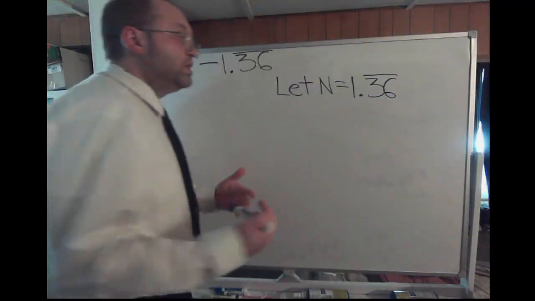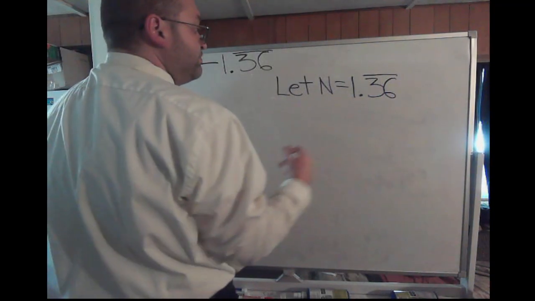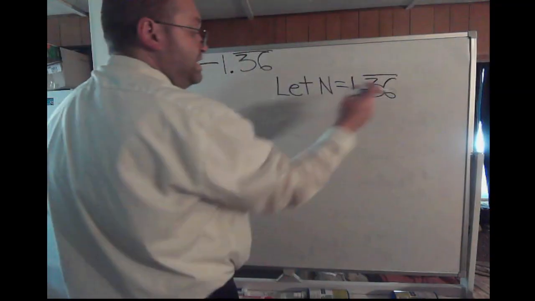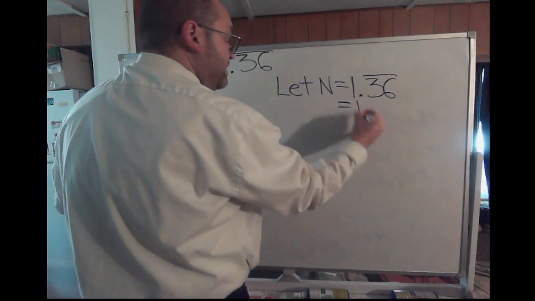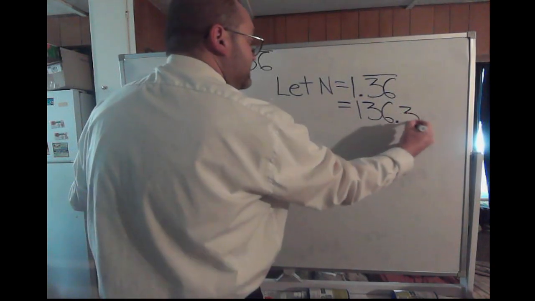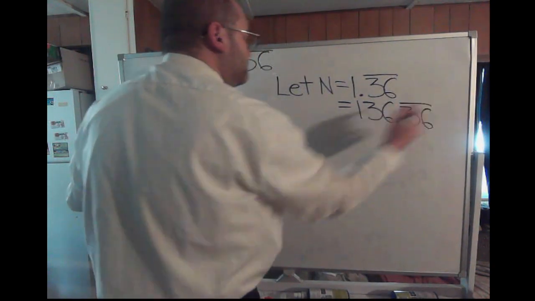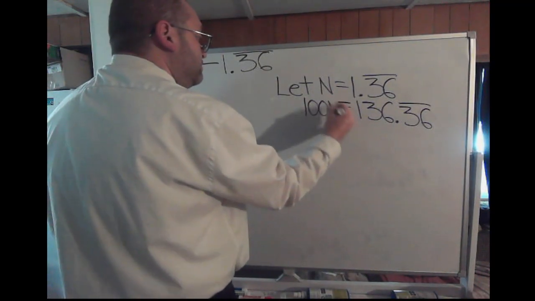We want to get a whole number, so we can do subtraction and get rid of that repeating decimal. So we need to move it to the right 2 decimal places. Multiply by 100 to do that. You would get 136.36 repeating. So you multiply n by 100, you'll get 100n.